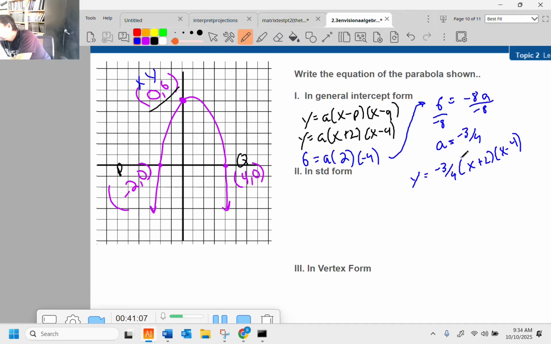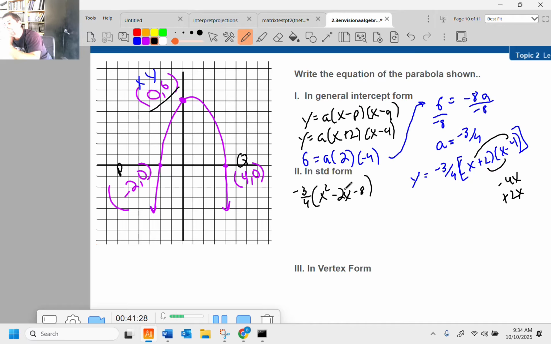Standard form is where we do a little math with this. You just heard a bell ring, so I'm not going to do vertical multiplication. You're going to have your negative 3/4. X times x is x squared. X times negative 4 is negative 4x. 2 times x is plus 2x. Negative 4x plus 2x is minus 2x. And 2 times negative 4 is negative 8.